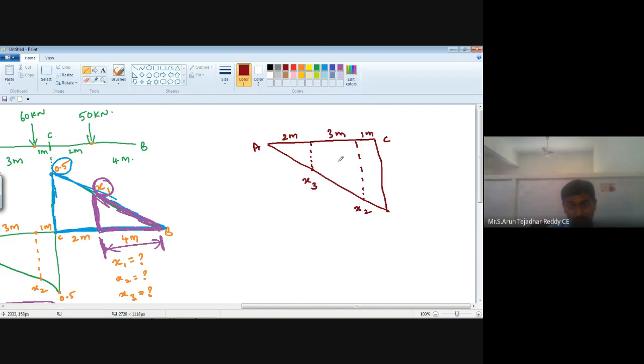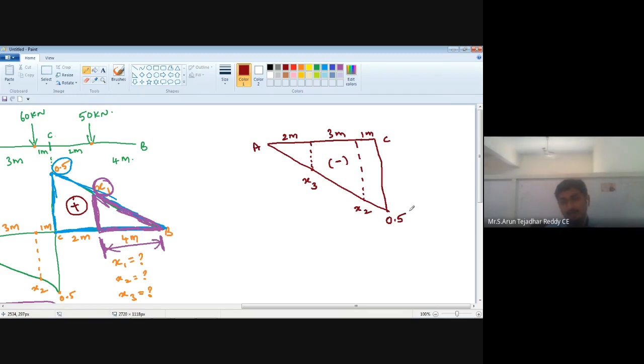Don't forget, this is your minus, and in the upward ordinate it is plus. You have to indicate the minus value here. Here we have one value, that is 0.5. Now we are calculating the downward ordinate.